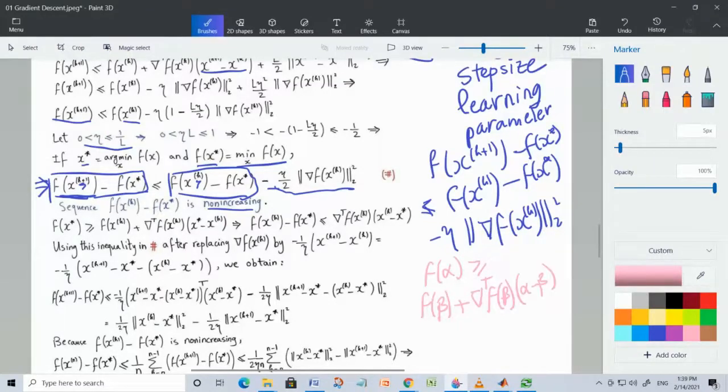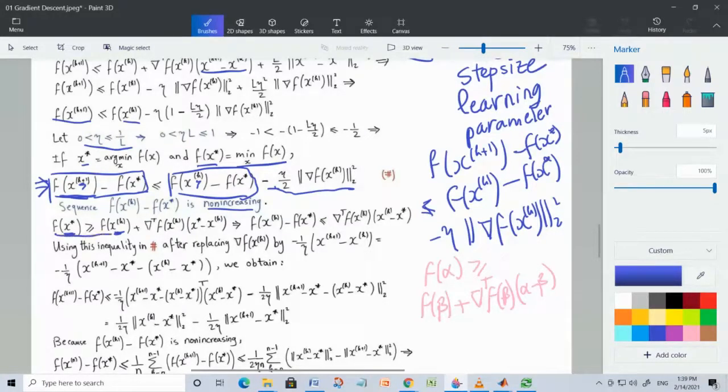This is a property of convex functions that are once differentiable. We will apply this property using alpha as x star, which is the point at which the function is minimum, and beta as x of k.